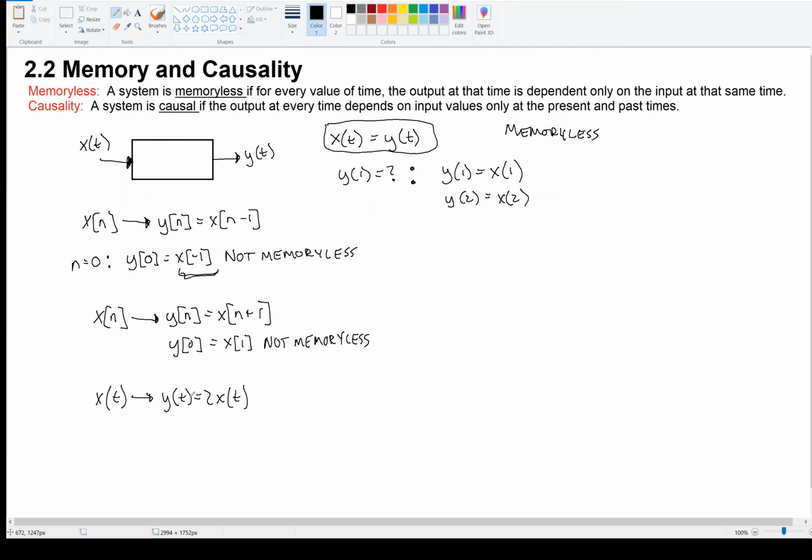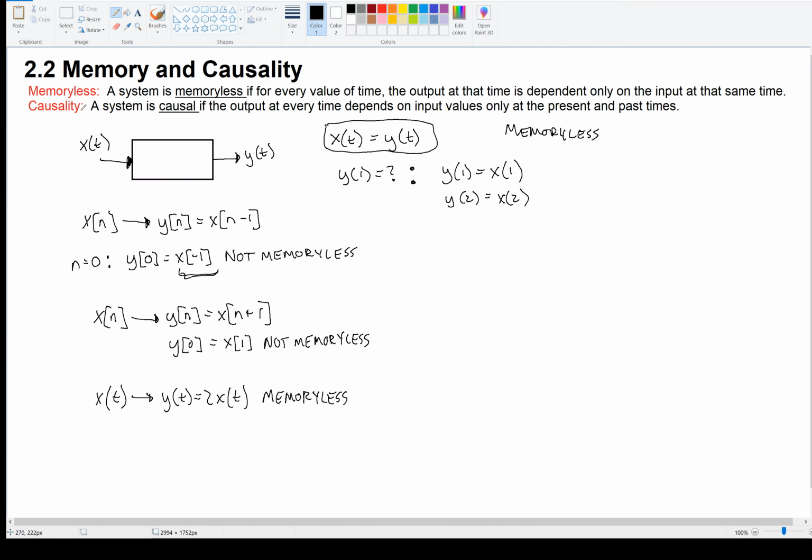So you can plug in values of t here, but what you'll see is that y of whatever value of t you plugged in is twice x of whatever value of t you plugged in. That is to say, the output right now only depends on the input right now. So this is memoryless. Again, some more sophisticated examples will be covered in an example video later in the sequence.